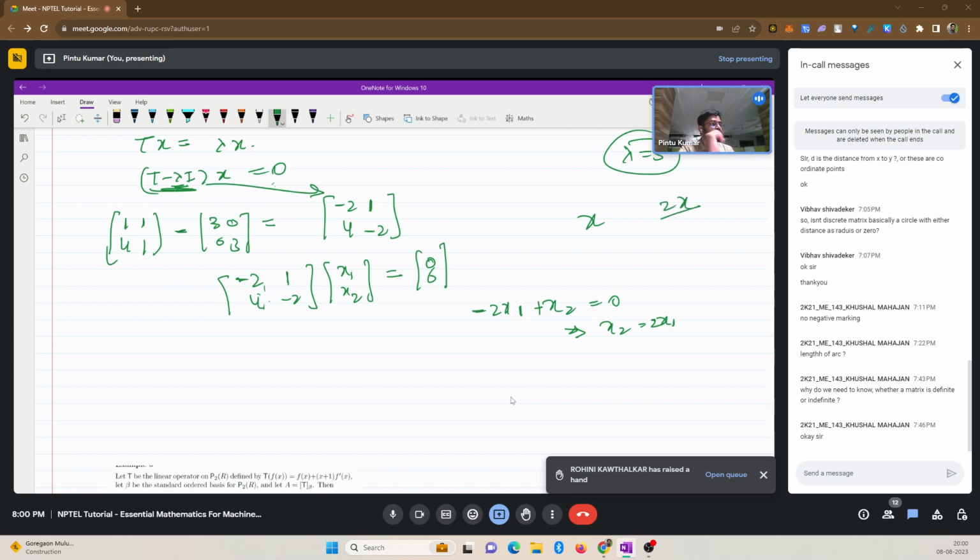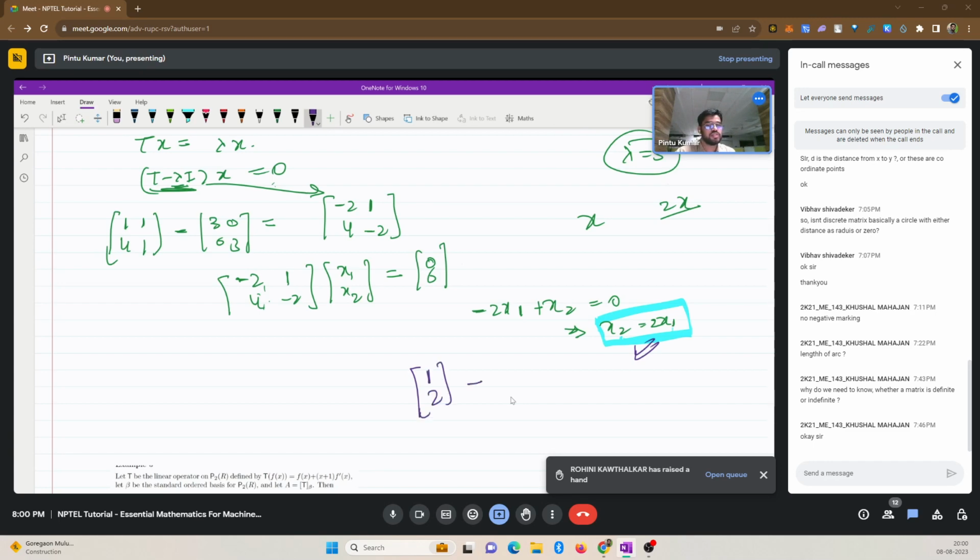So eigenvectors generally are not unique. We just observe a property that they satisfy. For example, over here what they satisfy is that x2 must be 2 times x1. So we can write any vector that satisfies this property. Let's say if my x1 is 1, then x2 is 2.